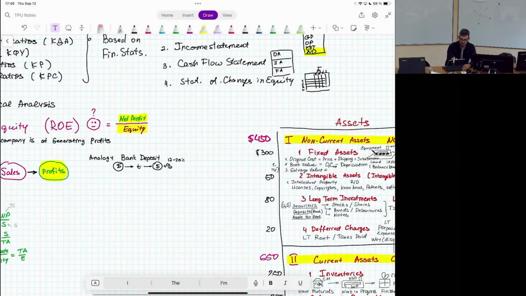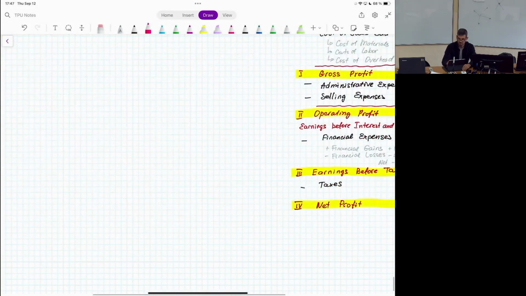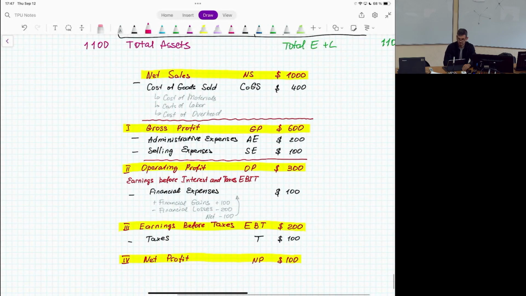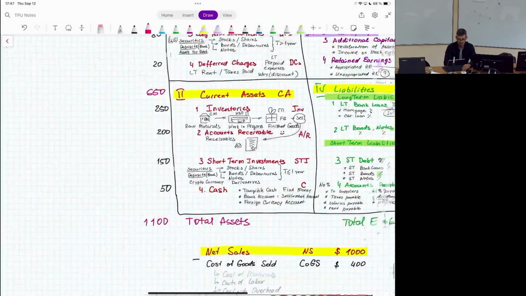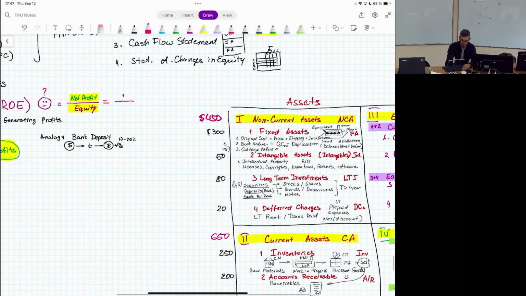First of all, let's try to calculate our return on equity from this formula. Now I need your help. How much is net profit? I forgot. Does anybody remember how much the net profit is? Let's go look. 100. And the next number that we need is what? 100 divided by equity. How much is equity? Anastasia?